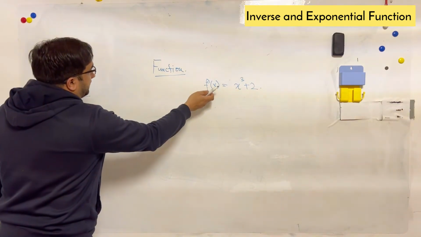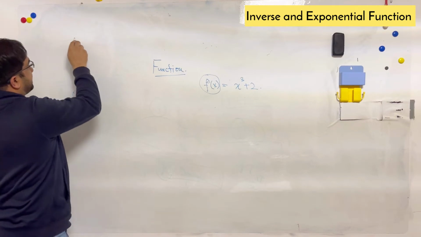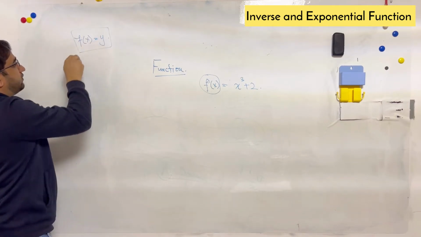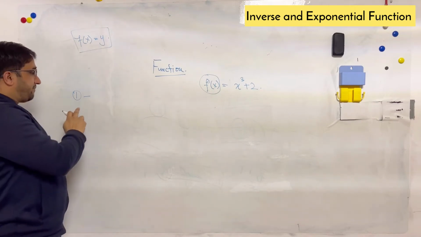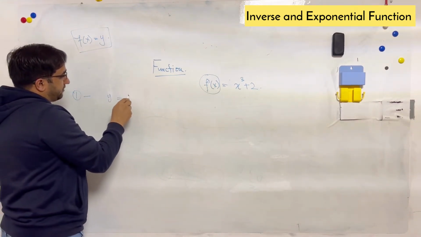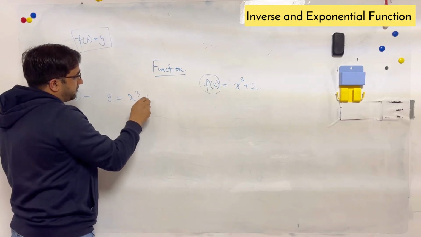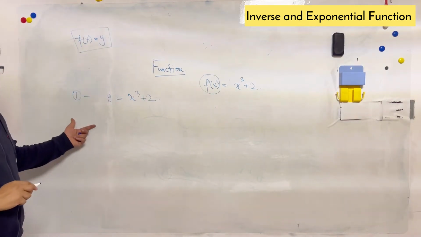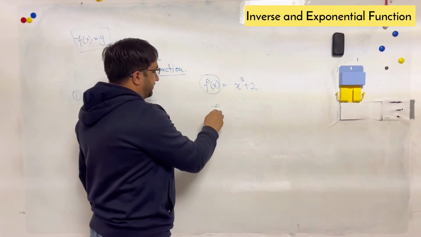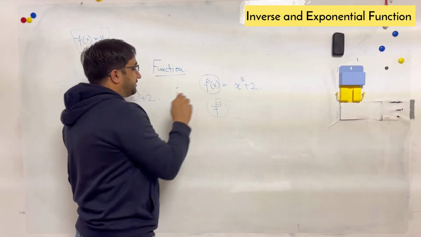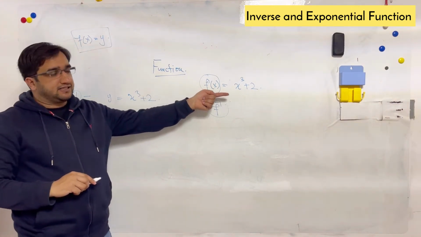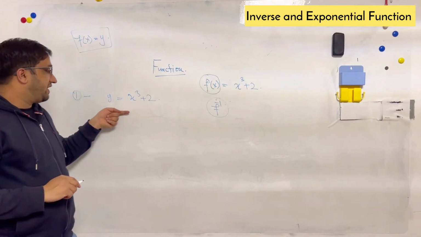You know that f of x is another name of y. So step 1 is to write this function in the form y equals x cube plus 2. Instead of f of x, put this whole thing equals to y.